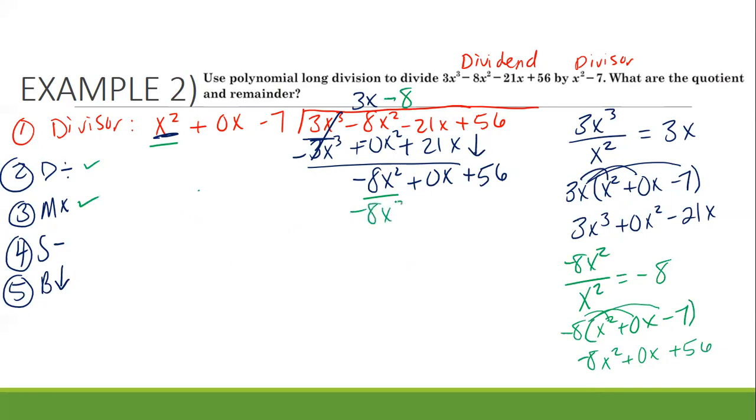So we have negative 8x squared plus 0x plus 56. Step 4 tells me to subtract. Subtracting means I'm changing the signs. And they all end up canceling.